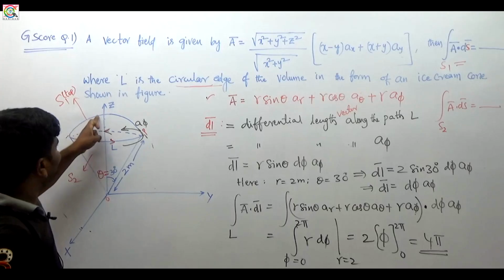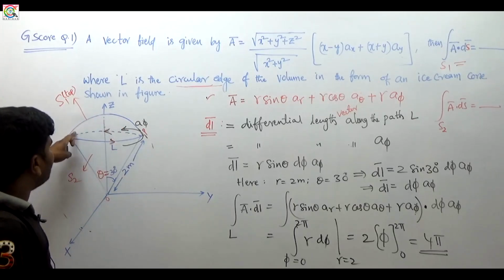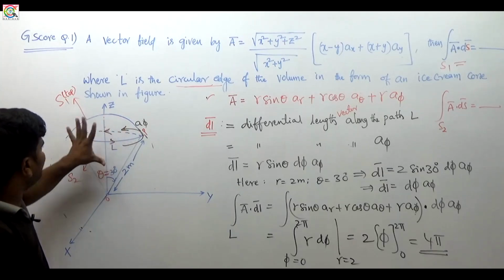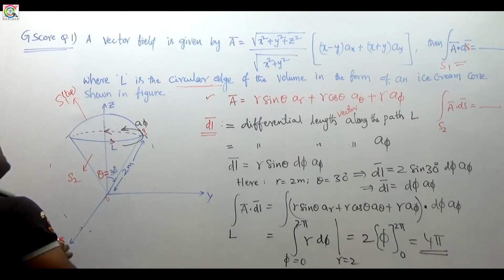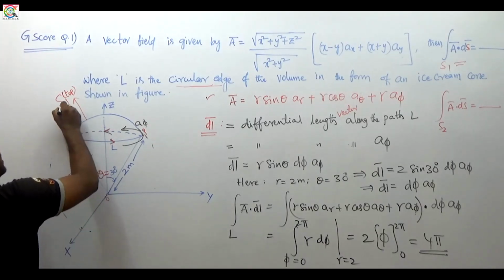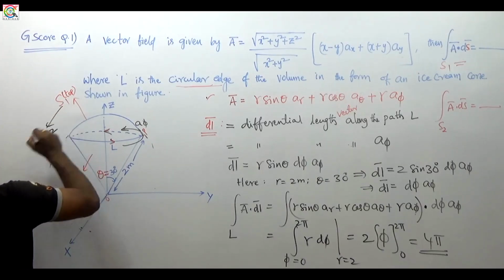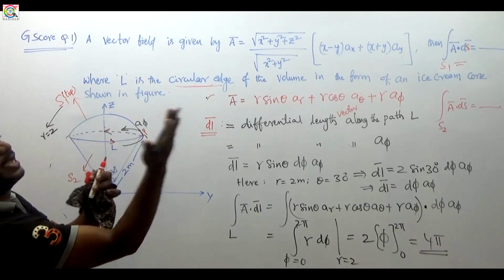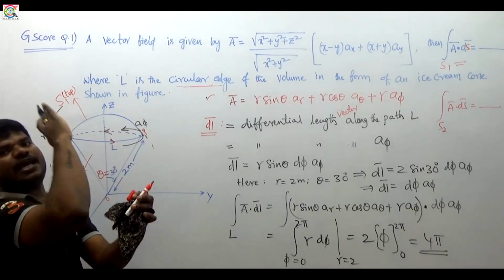What kind of surface is this? Here r is equal to 2, here also r is equal to 2. I am giving you a clue. To solve this question, it is the r equals 2 surface. Now what is this surface? If you take any point on it, it makes an angle of 30 degrees.